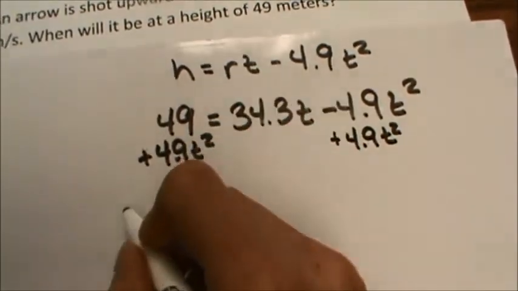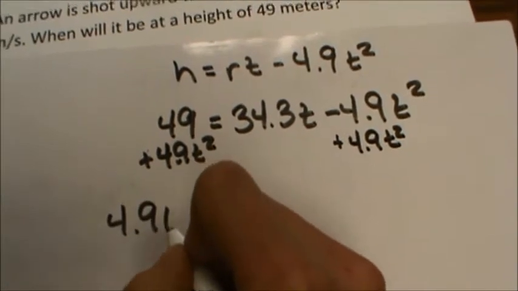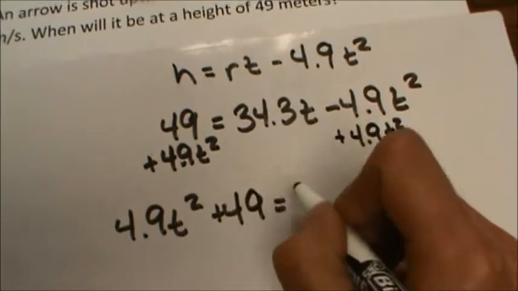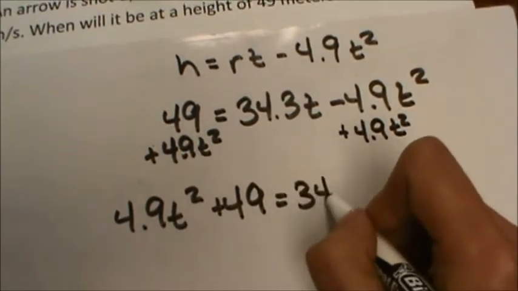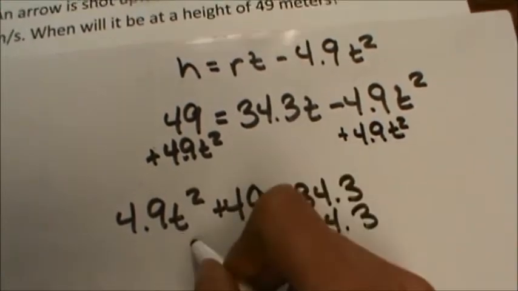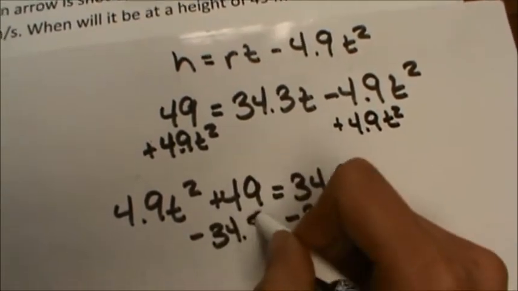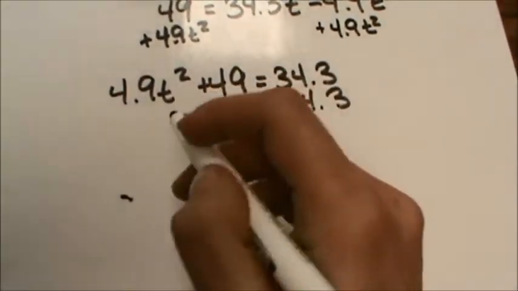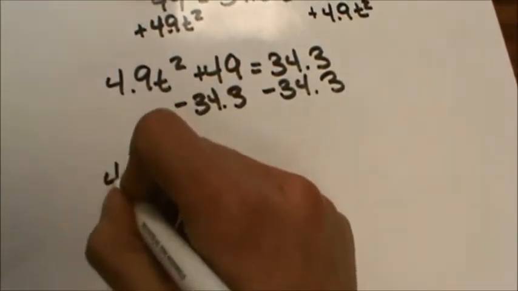So adding 4.9 t squared to both sides, and then I'm going to subtract 34.3. Don't you worry about this decimal, because the next step I show you is going to solve any problems you have with decimals here.